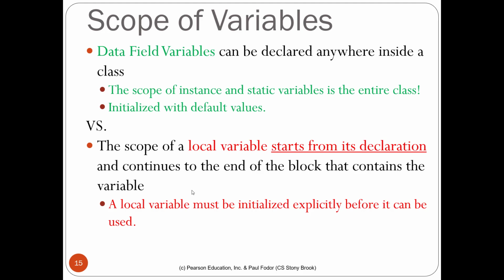This i is only accessible in the code block that you create. If you try to print i outside, then you might get a compiler error if i is not already defined outside the block. So that's the difference between data field variables and local variables. A local variable must be initialized explicitly before it can be used. If you don't do that, that's a compiler error.